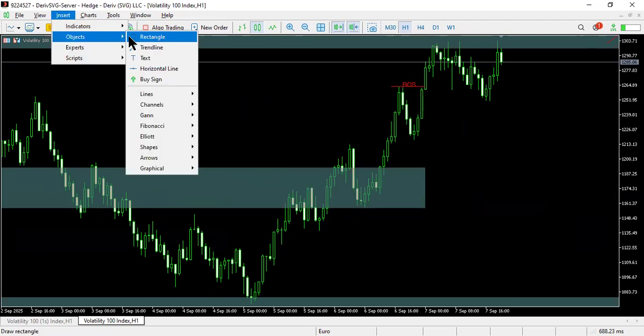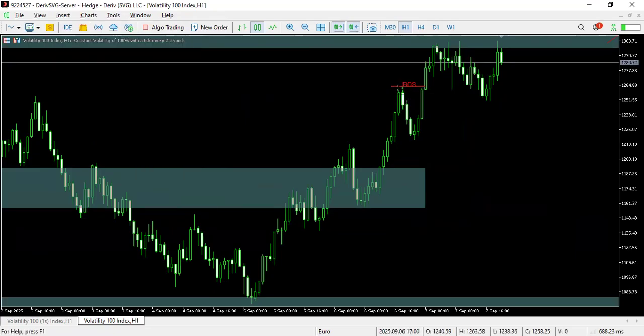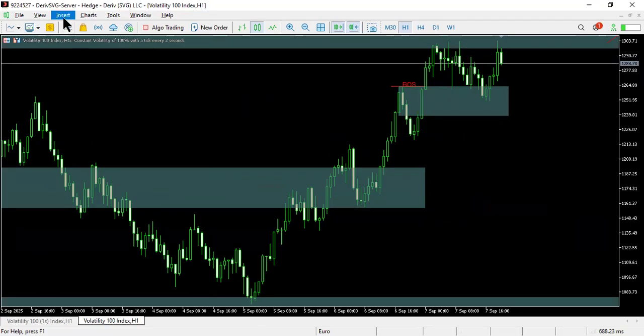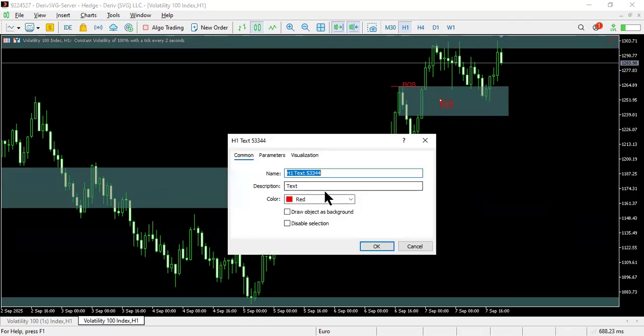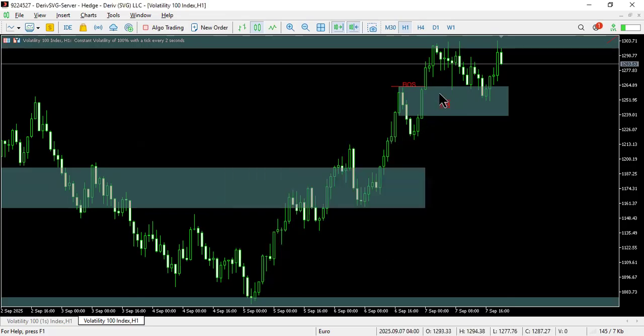And then price is currently reacting at that order block.